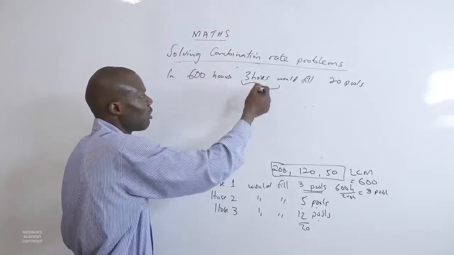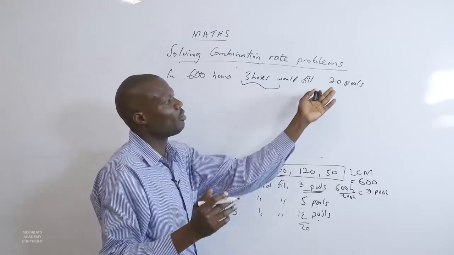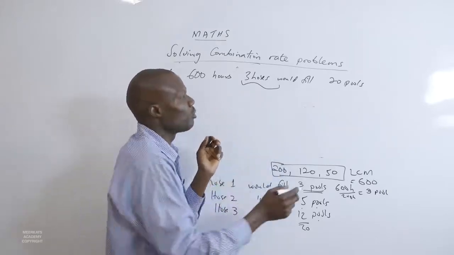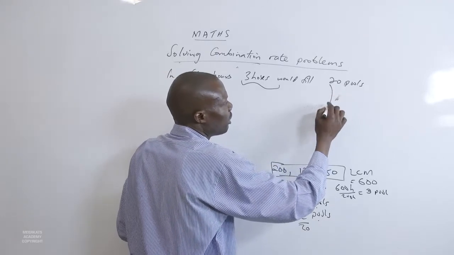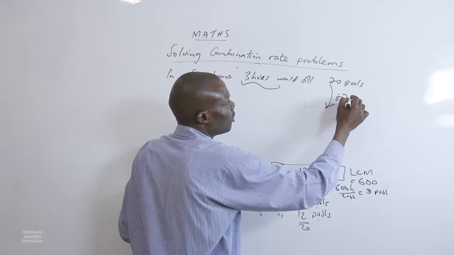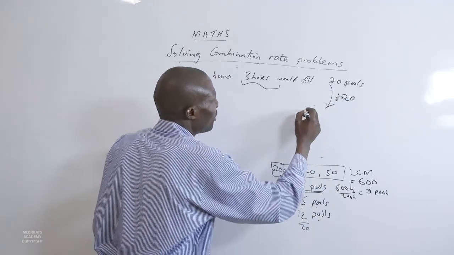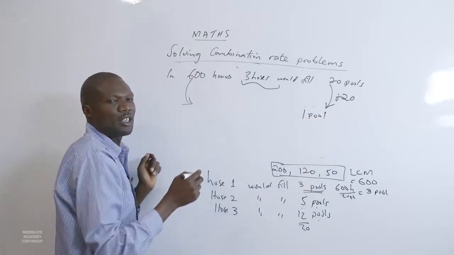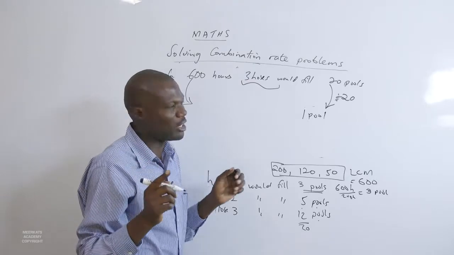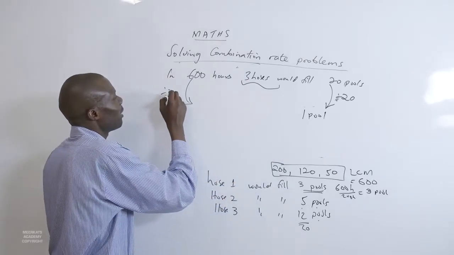When these horses are all left running, then we are talking of 600 hours for 20 pools. How about one pool? We would divide this by 20, so that we get one pool. And when you divide the hours, it is going to give us how many hours it will take all the 3 taps to fill one pool. So we divide again by 20 here.